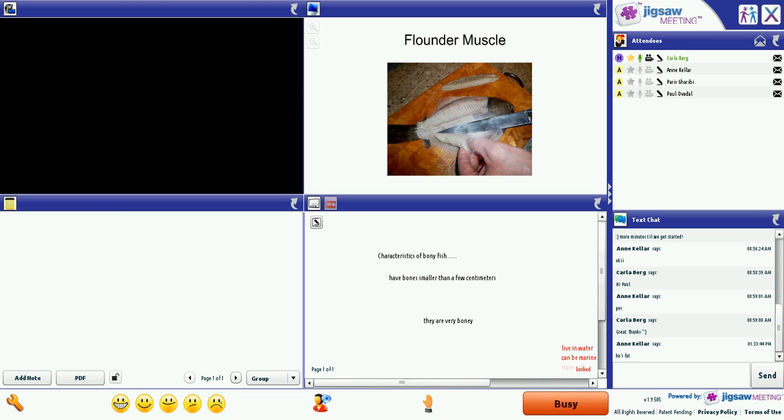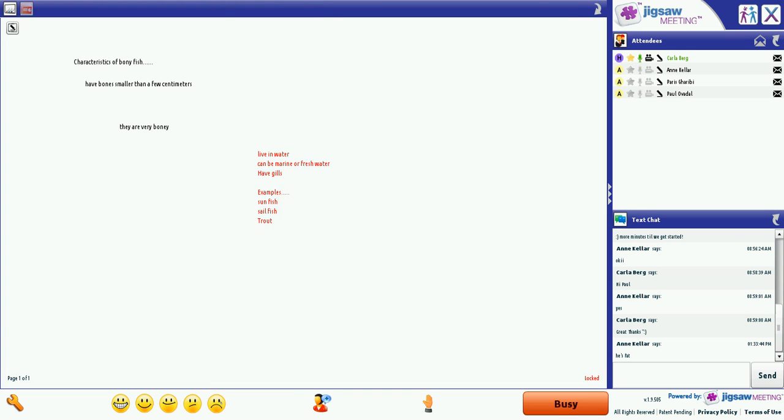Now you are going to look at your whiteboard screen where we were writing, and you are going to make that screen larger by clicking the arrow that's pointing up and to the right. Your whiteboard screen should be larger, and I just erased it.